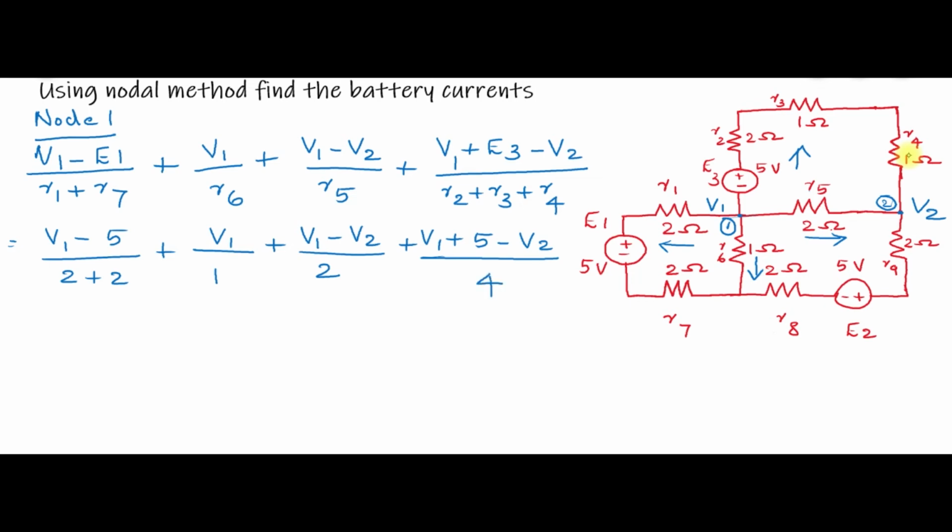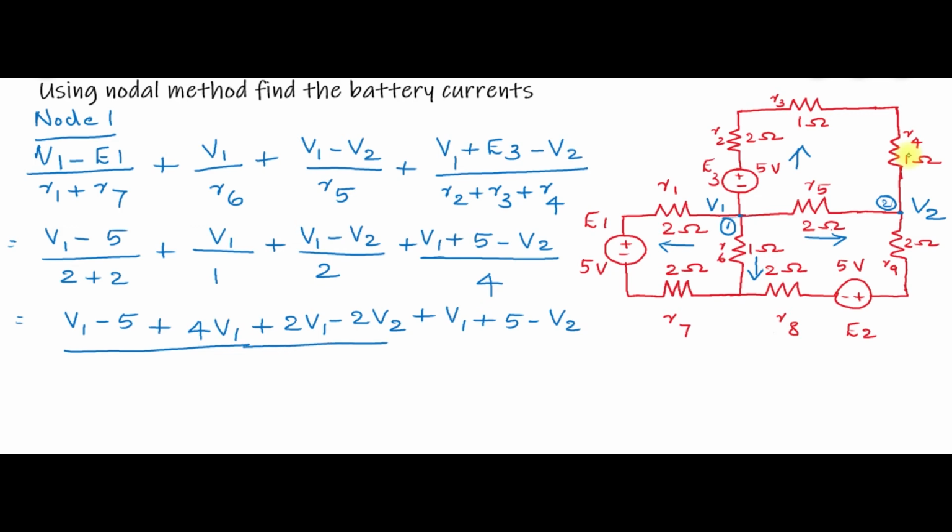LCM is 4, so you can write it as V1 minus 5 plus 4V1 plus 2V1 minus 2V2 plus V1 plus 5 minus V2, divided by 4, is equal to 0.